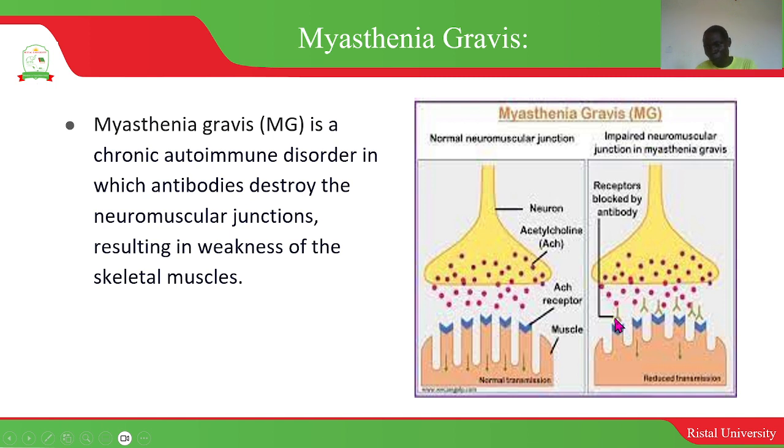This structure here shows that antibodies are already attacking the receptors. They are already bound to the receptors, leaving no space for acetylcholine to bind to. The acetylcholine can be released, but it has nowhere to attach. As a result, no action potentials are produced and muscles become weak because no contractions can be achieved.